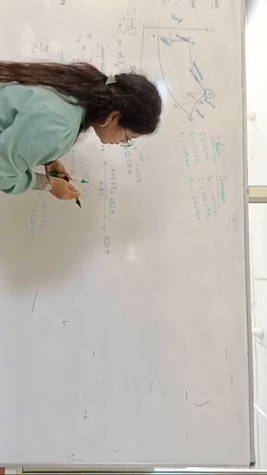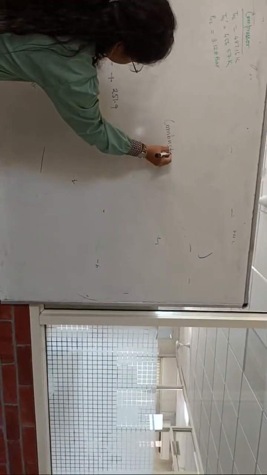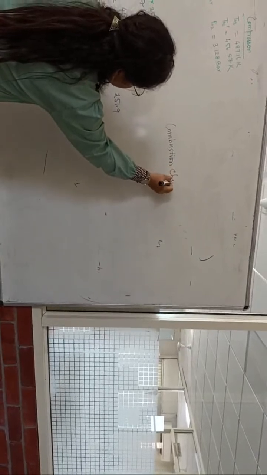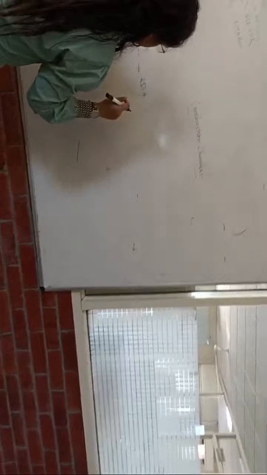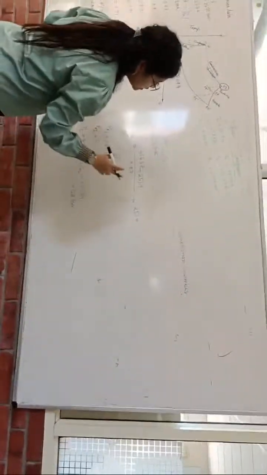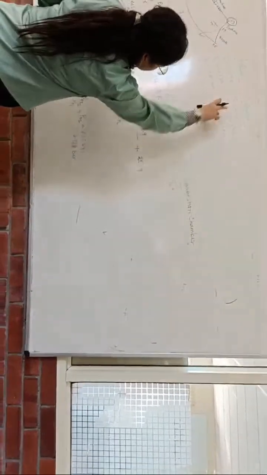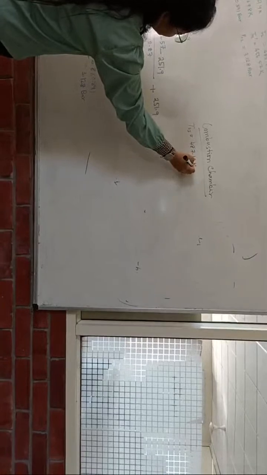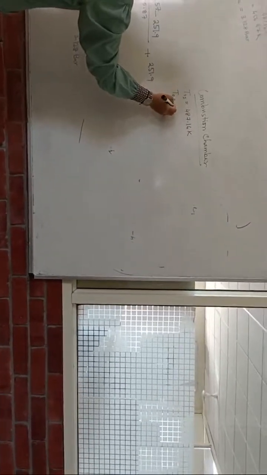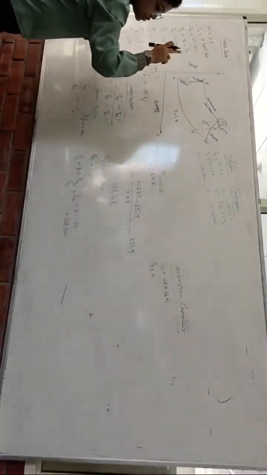Let me write here. Next component is our combustion chamber. Now for the combustion chamber, both the values are given. The inlet value T02 we got from the previous one, 487.16 Kelvin. In the given data T03 is given, the exit value, that is 1200 Kelvin.